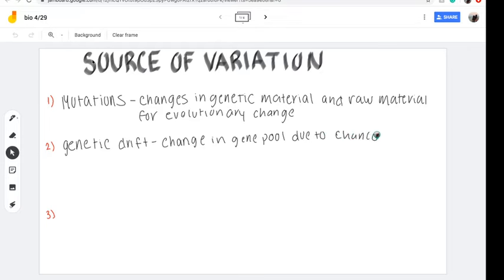There are two examples of genetic drift: the bottleneck effect and the founder's effect. Let's look at those two examples.